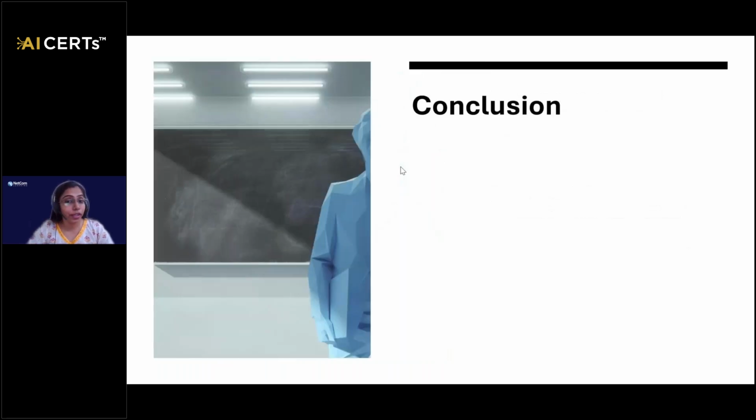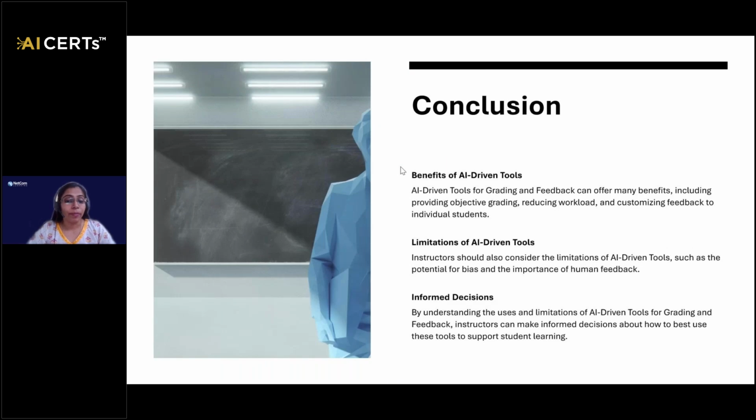So, what is the conclusion of today's presentation? We get to know about the benefits of AI-driven tools. Benefits include providing objective grading, reducing the workload of educators, and providing customized feedback to all the individual students. And another is the limitations of AI-driven tools. As we know, everything comes with some benefits and limitations, and the same goes for our AI-driven tools.